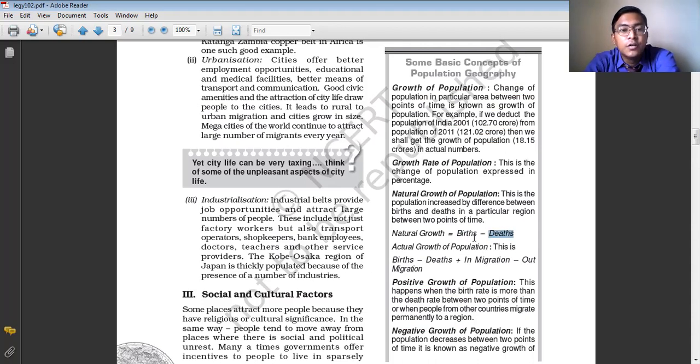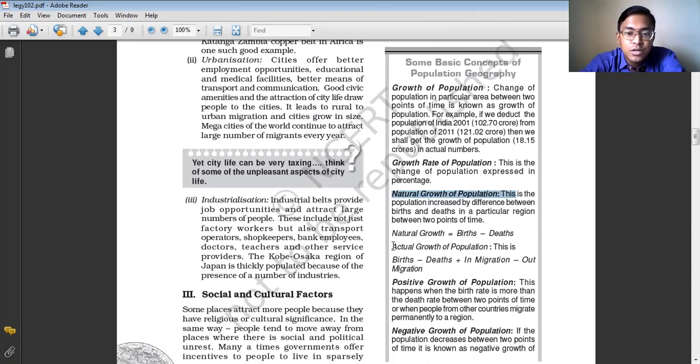The actual number is 9 crore people increased, because 1 crore have already died. So this 9 crore is the actual growth of population. Actual growth of population basically means birth rate minus death rate. This gives the natural growth of population, which we get by subtracting the death rate from the birth rate.